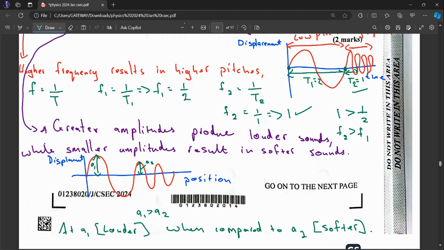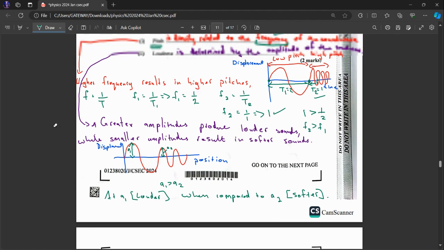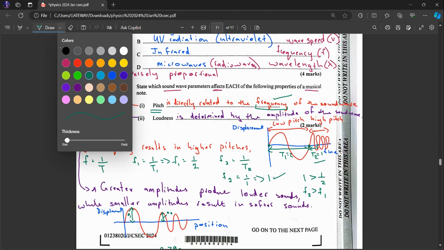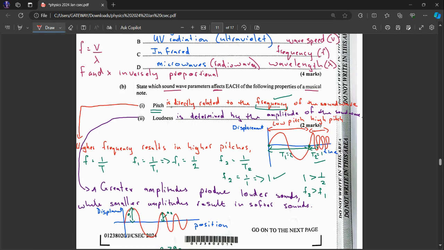So that's basically a wrap up of it for the graphs. And when you're explaining loudness, you want to talk about the amplitude. When you're talking about pitch, you want to talk about the frequency. Very important to note.